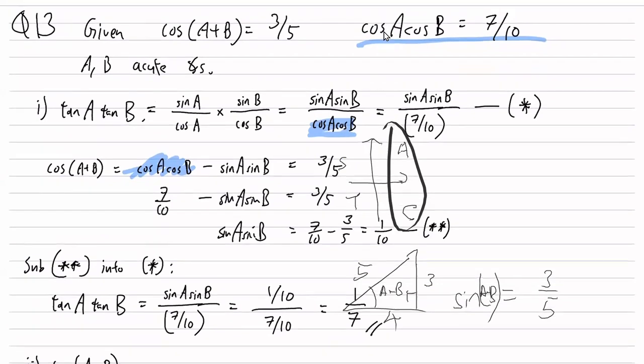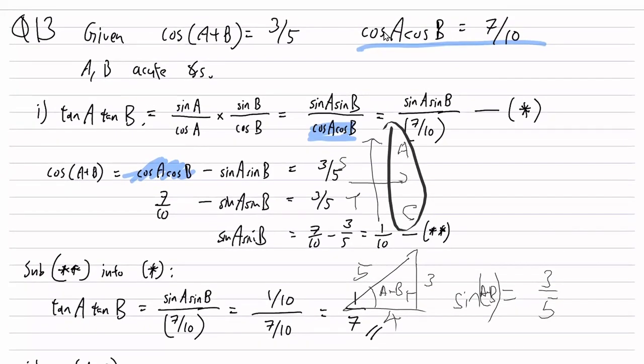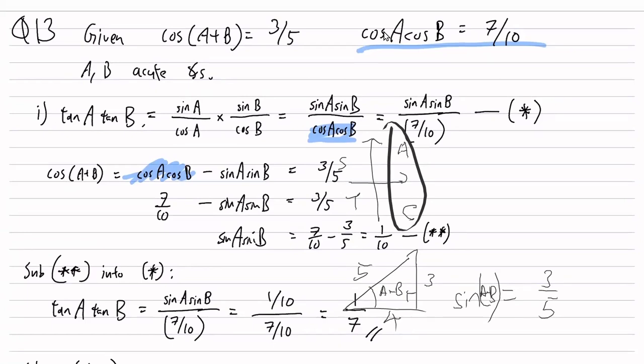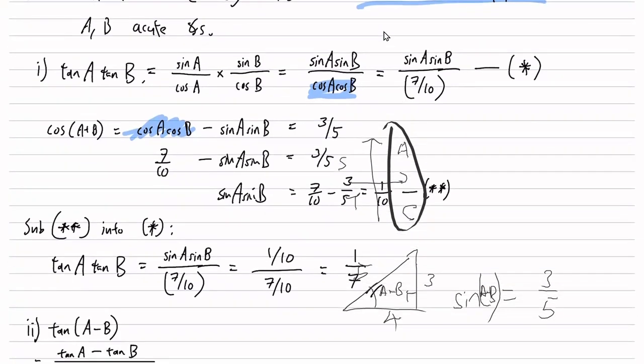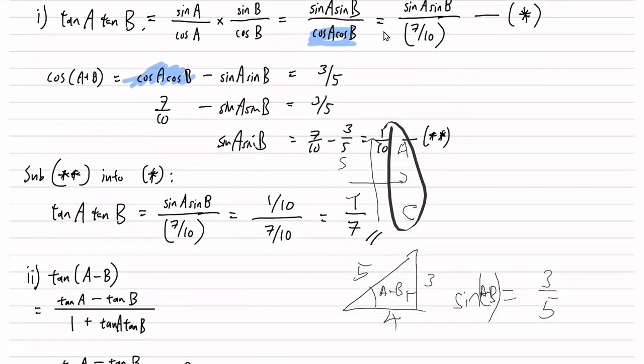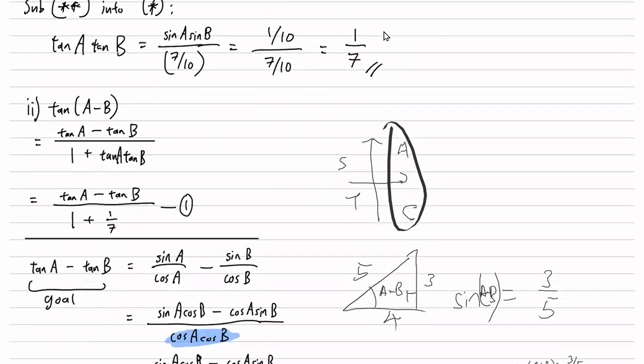I remember that the solution says there's only positive, but I need to figure out why the negative should be rejected. Can you think of a reason? Meaning that A minus B must be in quadrant 1, not in quadrant 4. I can't think of a reason.